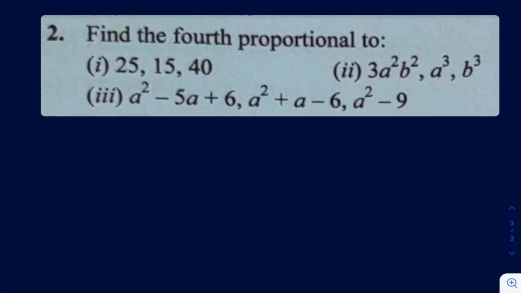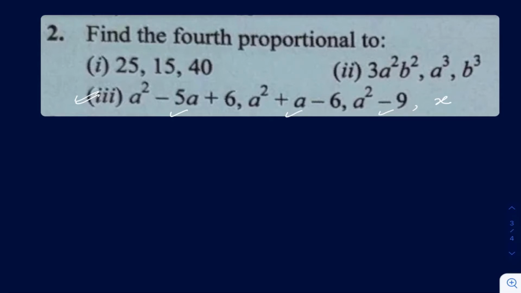Let's move to question number 2. We are solving question number 2, third part. See what we have to find out. Find the fourth proportional to. They have given the first proportion, second proportion, third proportion, and the fourth proportion is not there. So let it be x.